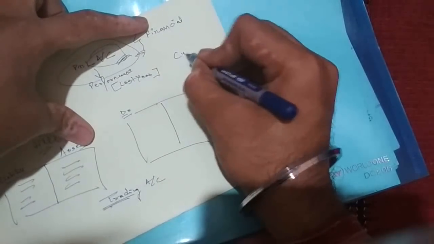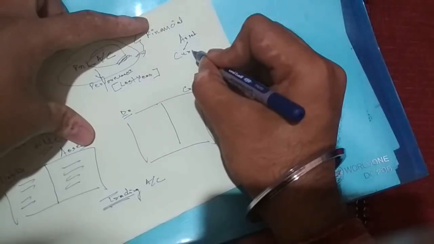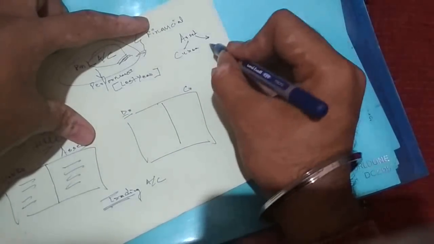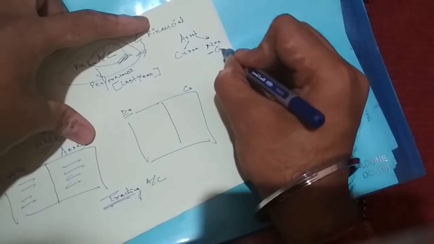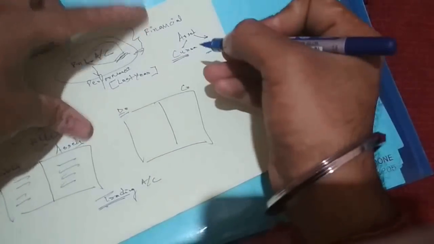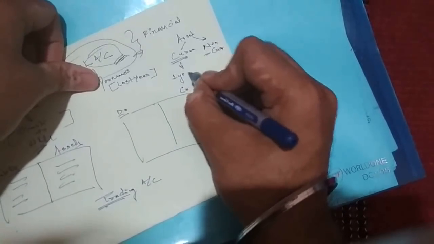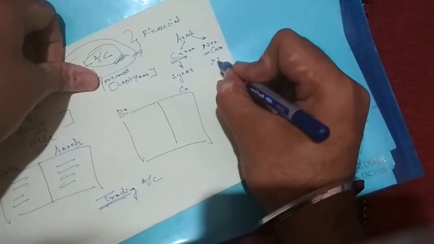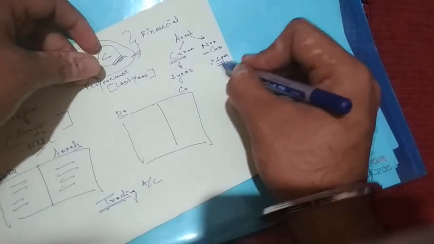Assets are of two types: current assets and non-current assets. Current assets are those assets held for a maximum of 1 year, and if it is greater than 1 year, then they are called non-current assets.